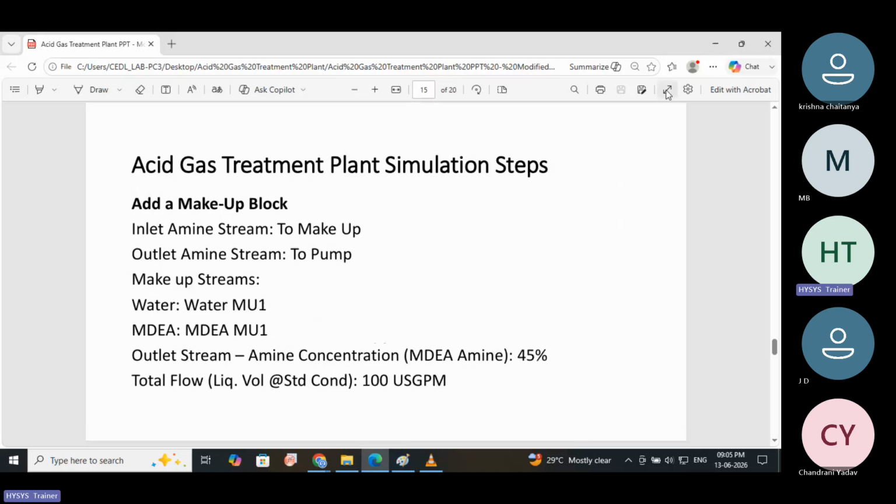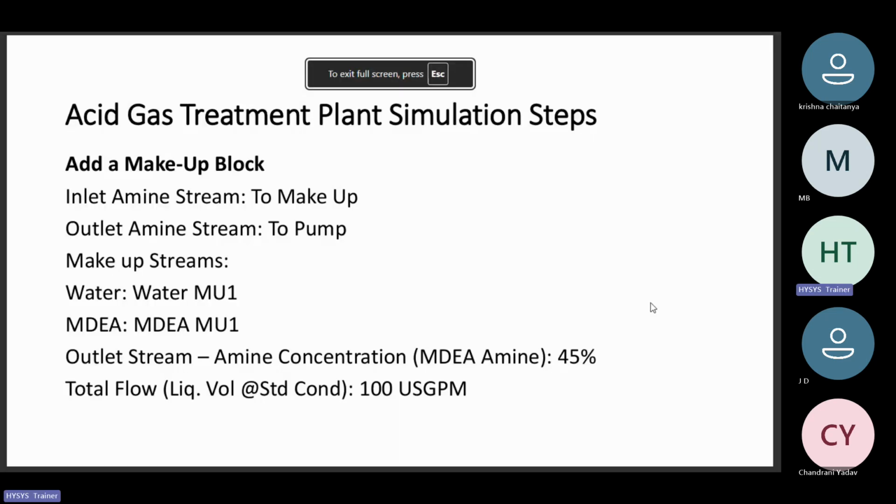We will be adding a makeup block. I will tell you how to add and simulate a makeup block. That is a very simple thing, but you should know most of the things. You might have seen many of the YouTube videos that are available on Aspen HYSYS, but nowhere have they explained how to add a makeup block. So we will see today how to add a makeup block. It is very simple, but in this makeup block, if you make a single mistake, it will not converge, and that will close your entire flow sheet.